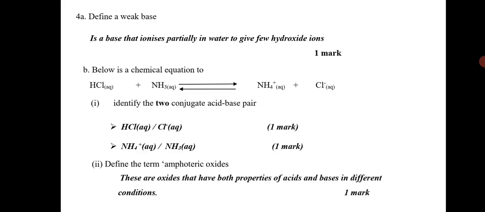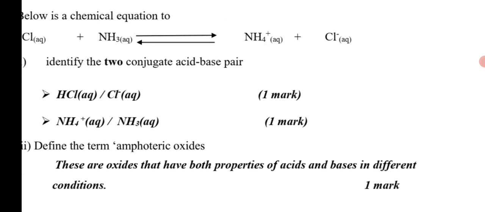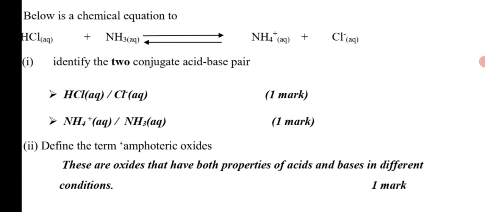So we are defining amphoteric oxides as oxides that have both properties of acids and bases in different conditions. The same substance behaves as if it's an acid and also as if it's a base. Water likes to behave like that.